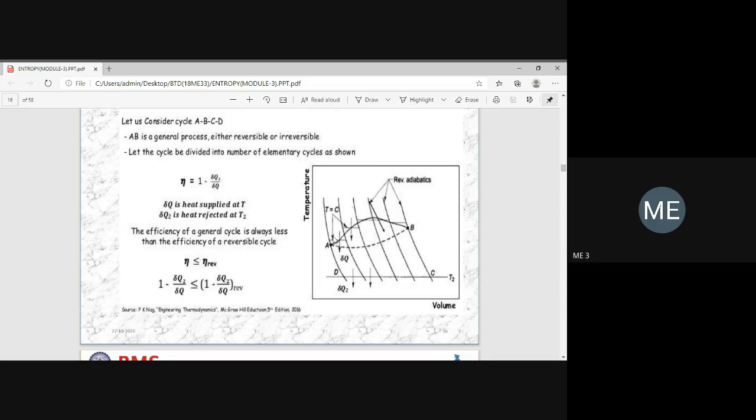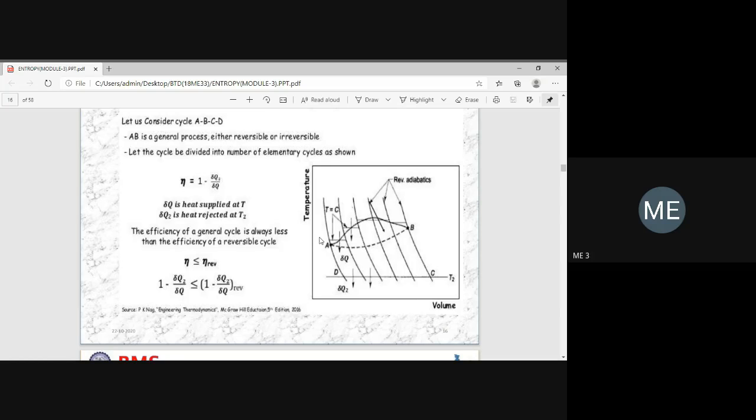Here at the bottom, we have only one isothermal process, but at the top we have a number of isothermal lines. Divide this process into a number of isothermal lines, where T equals constant, meaning an isothermal process. Here you take one of the cycles.